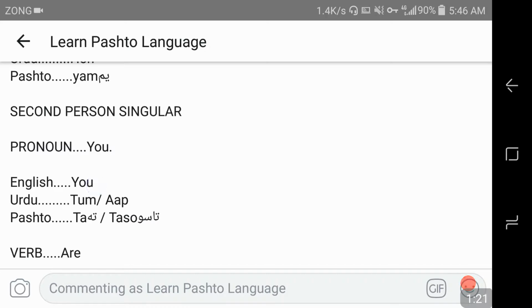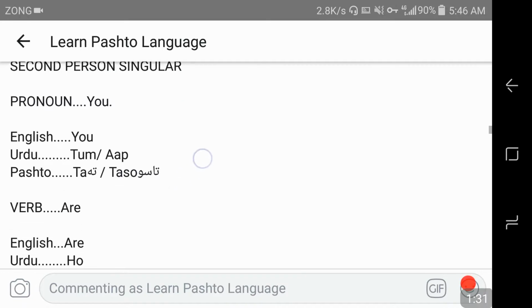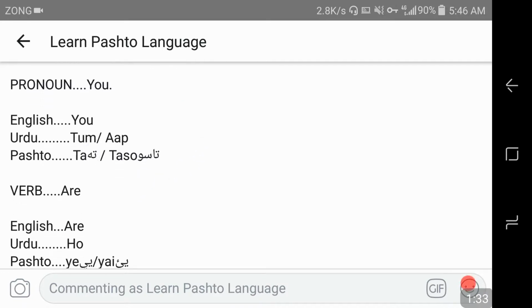English you, Urdu tum or aap, Pashto ta, taso. Ta is used when we are talking to someone who is younger than us, or we are very frank with him or her.